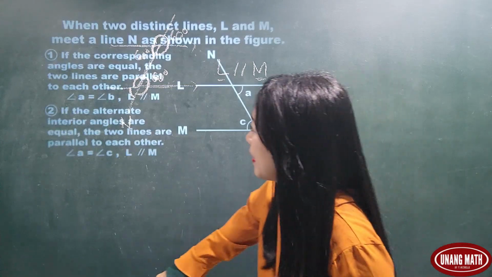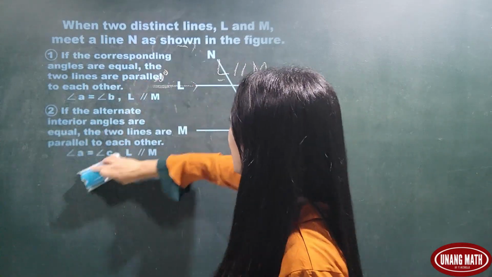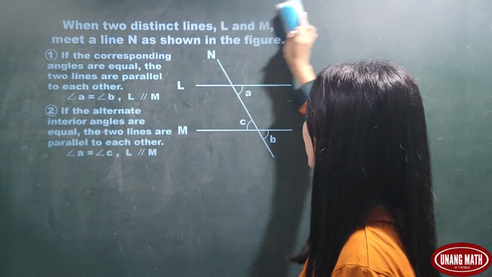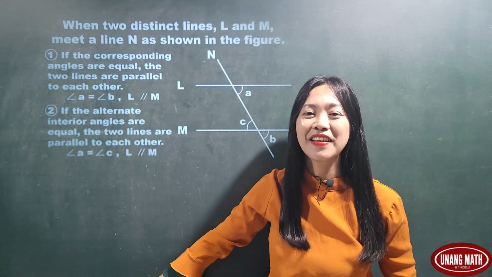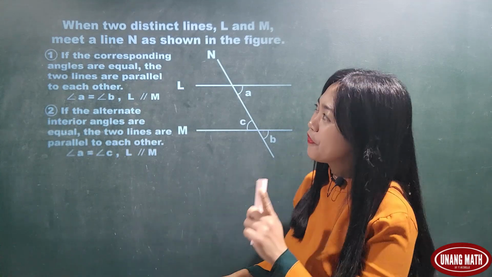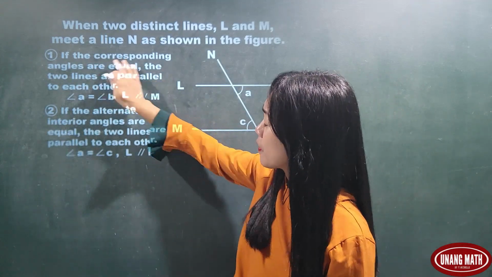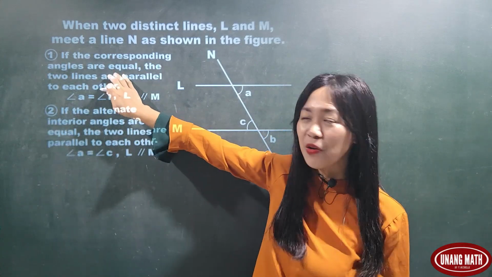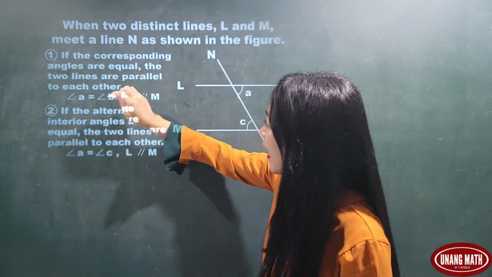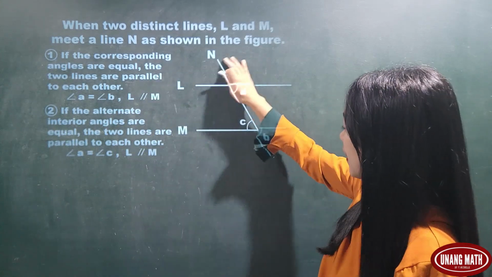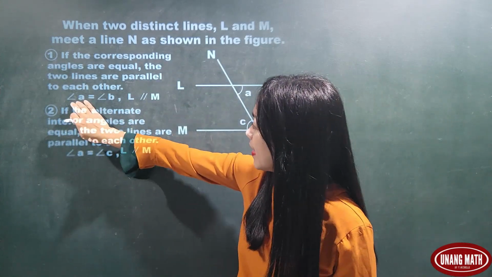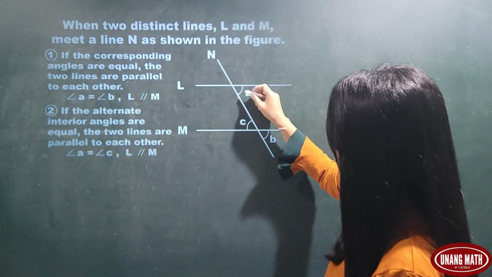Okay, in summary, there are two conditions that we have to remember in order to say that the two lines are parallel lines. The first condition is if the corresponding angles are equal in measure, then the two lines are parallel to each other. Let's say for example in this figure, if angle A is equal to angle B, where's angle A?